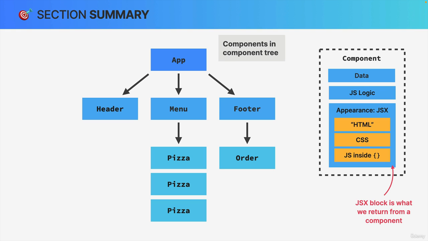So the components at the top, for example here the app component, is the parent component of header, menu, and footer. And so these three, so header, menu, and footer, are the child component of app. And at the same time, of course, the menu is the parent component of all the pizza components, and the footer is the parent component of order. So obviously, a component can be a parent and a child at the same time.